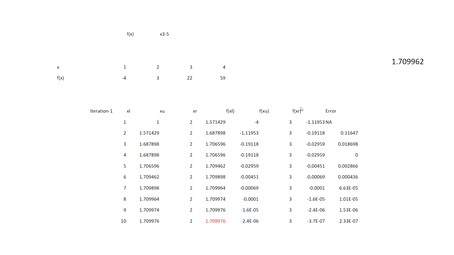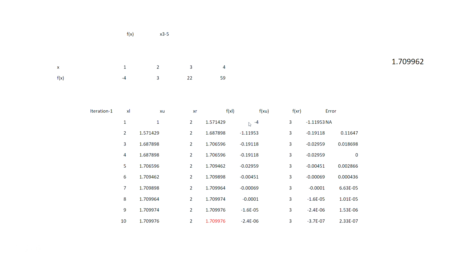Now if the function value at this point XR has the same sign as f of XL, then XL will be replaced by XR and XU will remain intact. If the function value at XR has the same sign as the function value at XU, then XR will replace XU, but XL will remain intact.